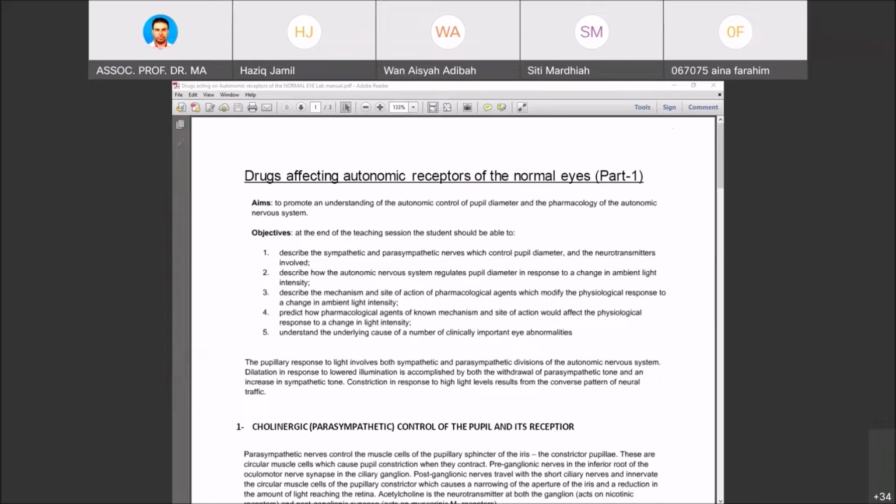For this experiment, or for this drug application, to understand the autonomic receptors and the drugs that can act on autonomic receptors as agonist and as antagonist, we are choosing the eye. The eye is chosen because it is an organ that is supplied by both cholinergic and adrenergic nerves.